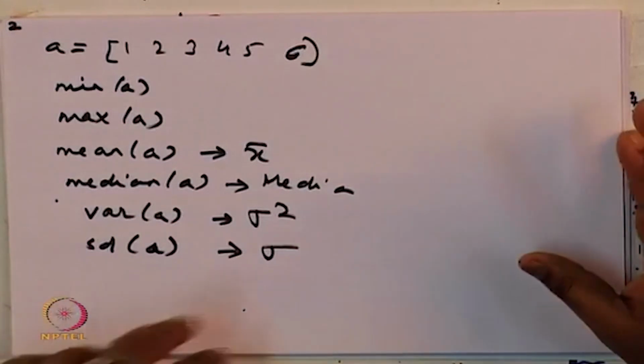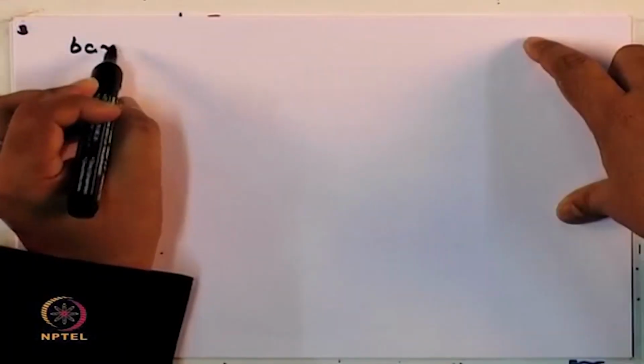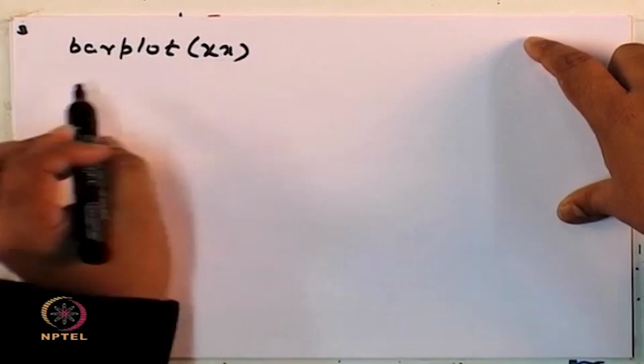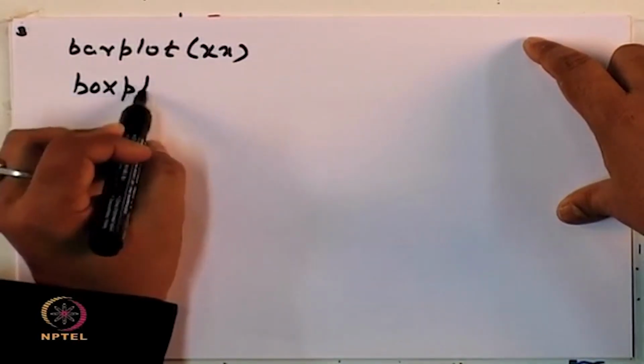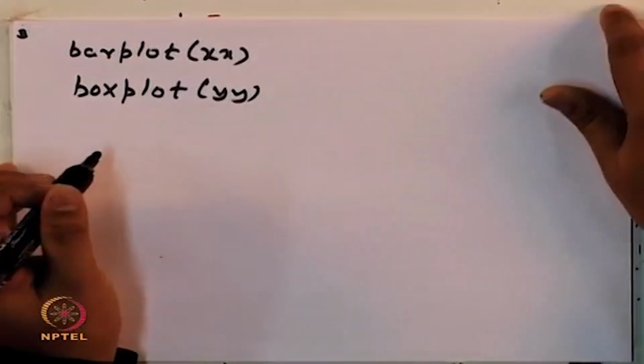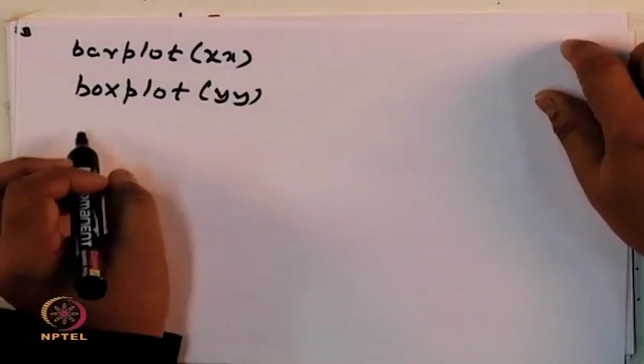Okay. Then we briefly discussed plotting. Once you have a vector you can use, let us say, a box plot. If you use bar plot of xx or box plot of xx, yy, you will generate all these plots with the plotting function.